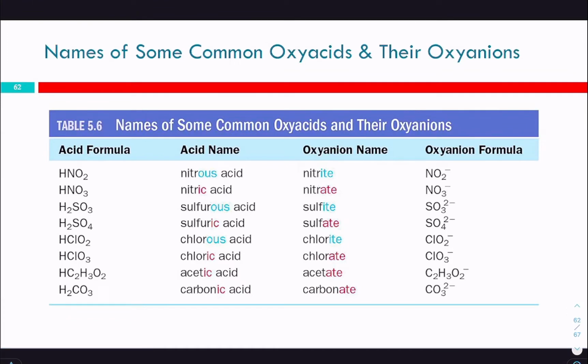So here are some of the oxyanions converted into their acid names. Nitrite ends with ITE, and its acid name is nitrous. So it goes OUS, but then nitrate, ATE, gets changed into IC.